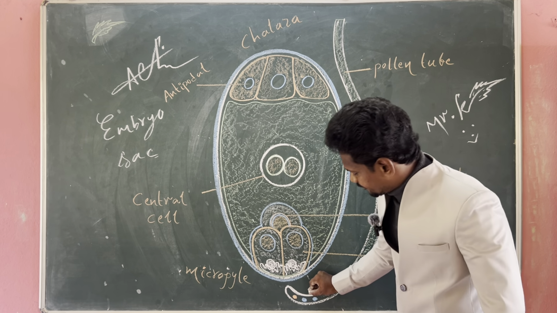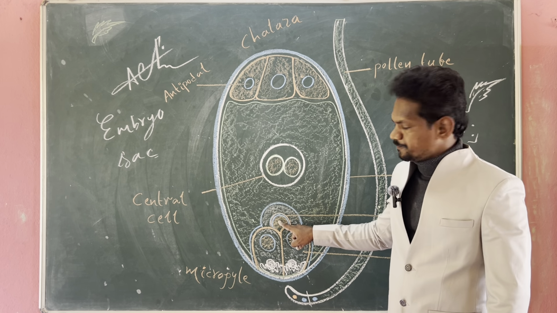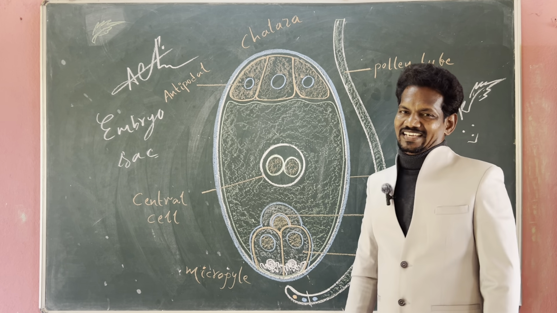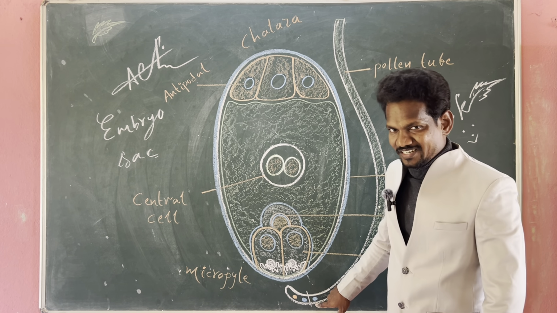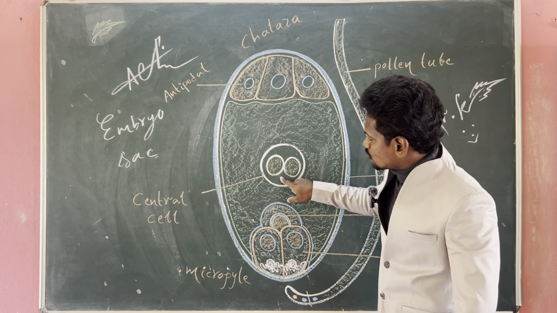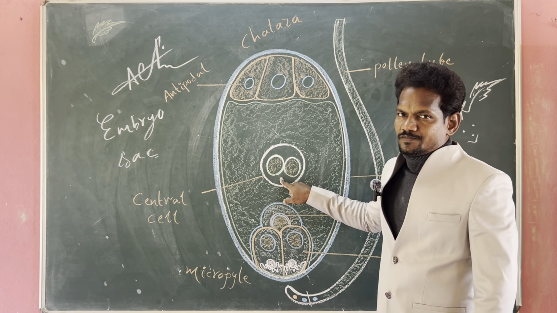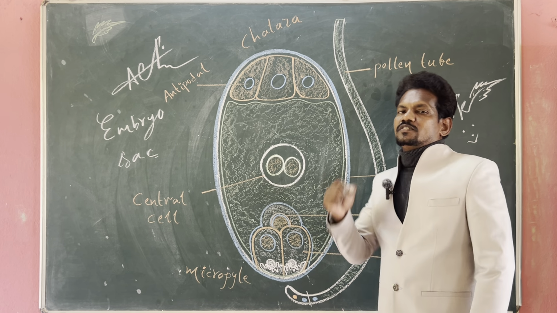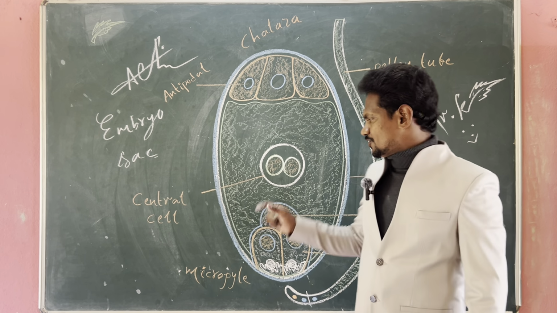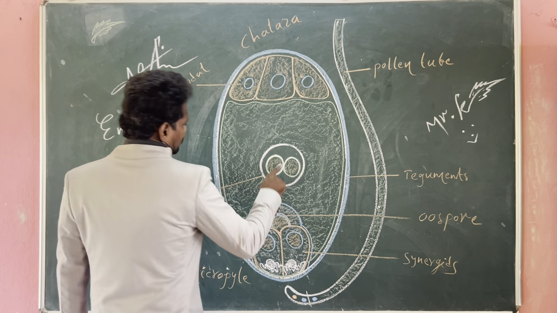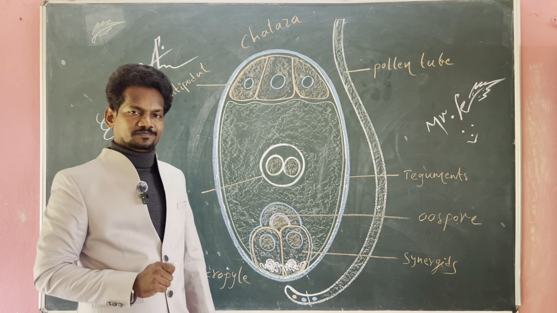The first male nucleus fuses with the egg cell, that is called true fertilization, and the second male nucleus fuses with the secondary nucleus. That is known as triple fusion, or double fertilization. This later leads to the formation of endosperm.